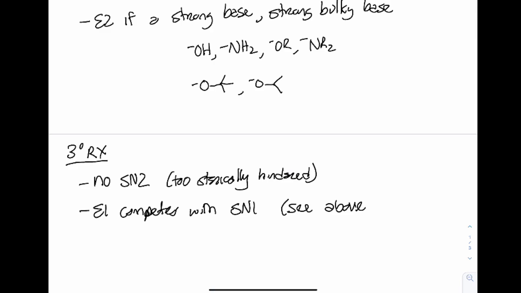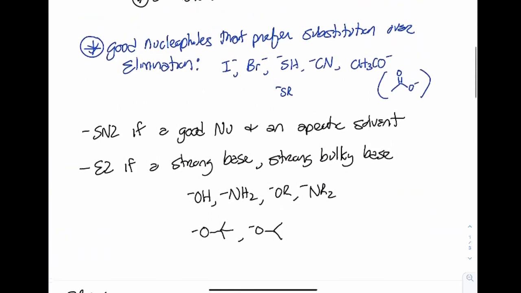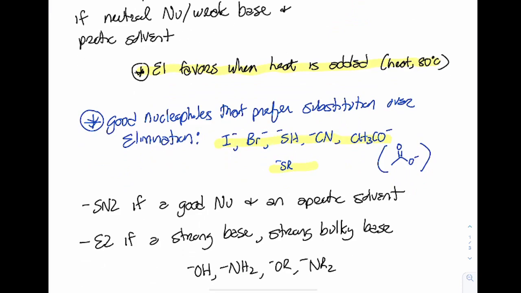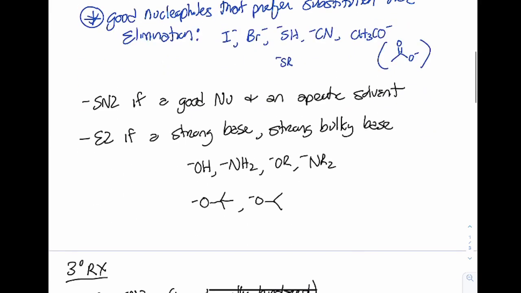If I have a neutral nucleophile, a weak base, a protic solvent, I'm generally going to get both of them. Everything I wrote above is still true. So if I add heat to it, I am going to favor the eliminated product. And if I have one of these, I am going to prefer the substituted product. So everything we wrote under E1 competes with SN1 above also applies here.